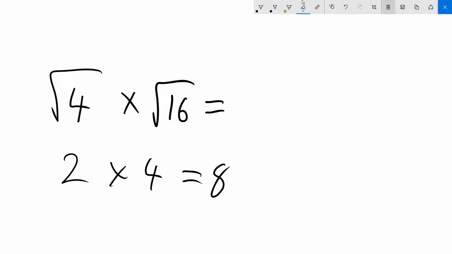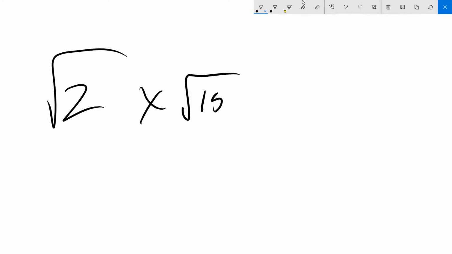Well, if we had a more complicated surd, like root 2 times root 15, we know that it's equal to root 30. 2 times 15 is 30, root all together, and there you go. That's timesing roots together.